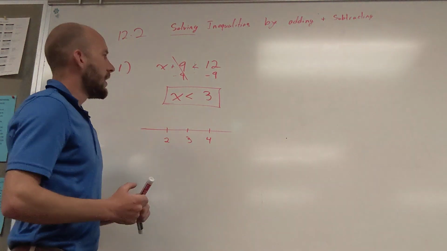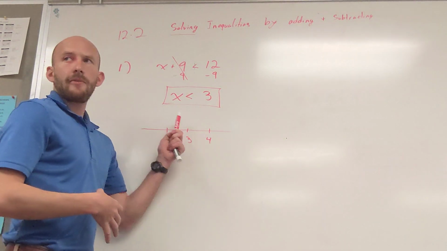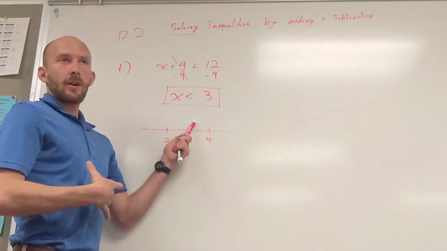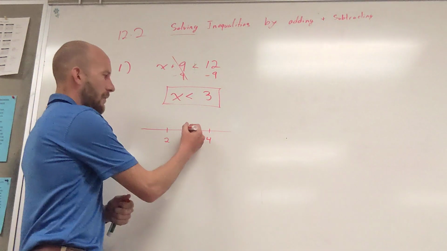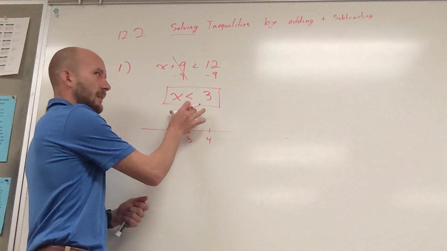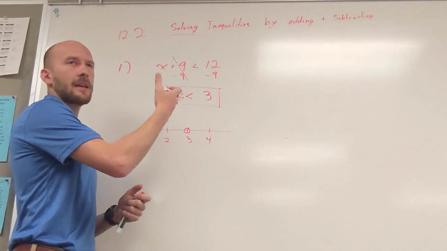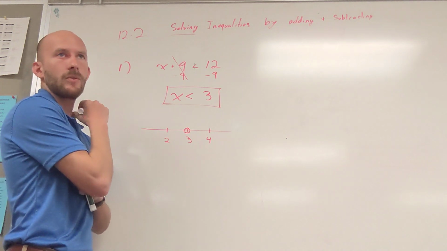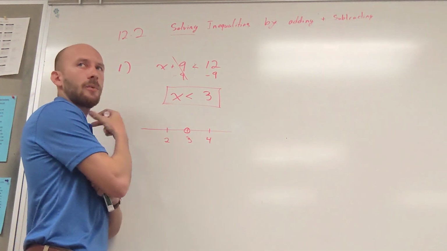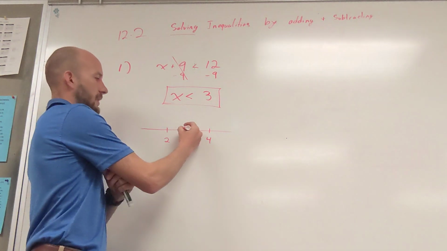To graph, I need to figure out, is it going to be an open dot or closed dot on 3? Open, because x has to be less than 3. That means it can't actually be 3. So the open dot means I'm not including 3 in the solution. And then I would shade which way? To the left.